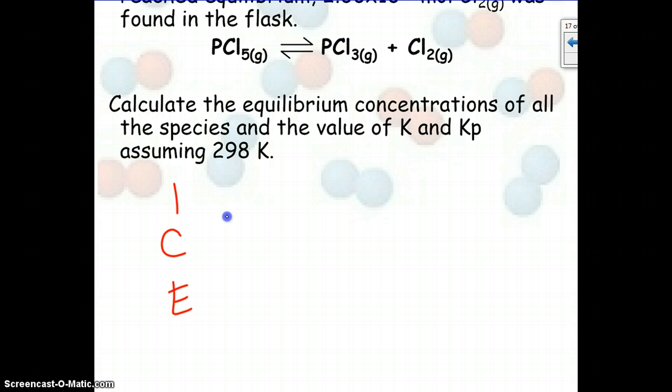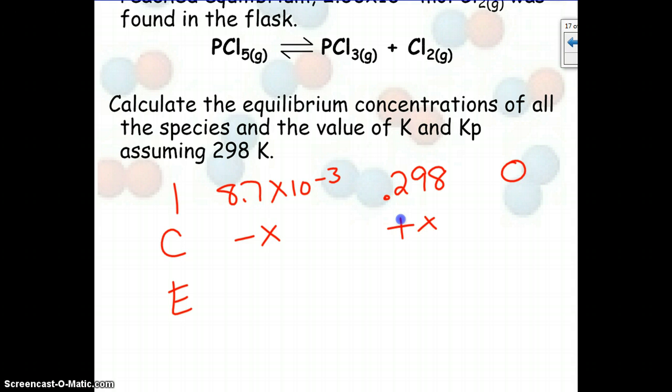The PCl5 started at 8.7 times 10 to the negative third, PCl3 started at 0.298, and Cl2 started at 0. Being that we have no Cl2 at all, we would have to see a change producing some more products. That gives us minus x for the PCl5, and 0.298 plus x.